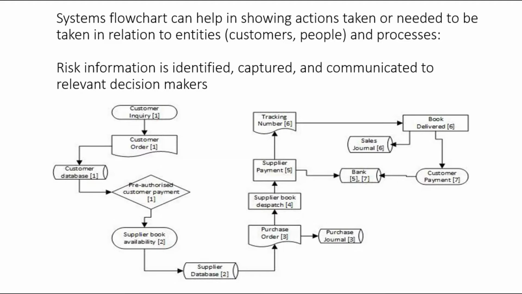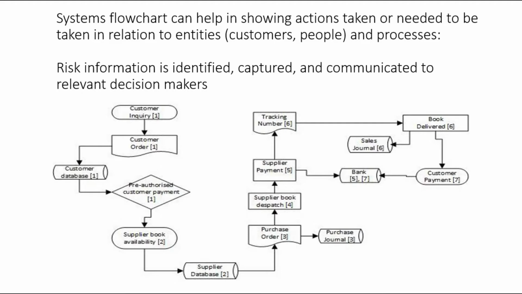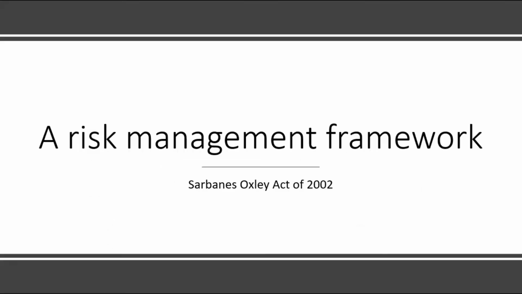And not only that, but even the events that occur prior to that can also have an impact, such as purchase orders and supplier dispatch and so forth. So therefore, the flowchart enables us to pinpoint and focus on the relevant event or the process item where we have to take the necessary remedial action.